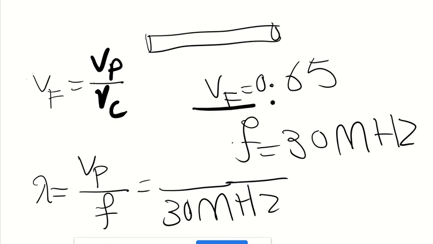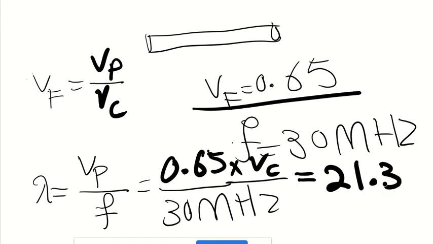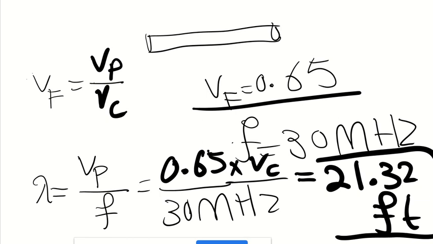So it's this times 3 times the speed of light. So that will be 6.5 times Vc. And then lambda, if you do the calculation, would be 21.32 feet. Okay, so that's lambda.